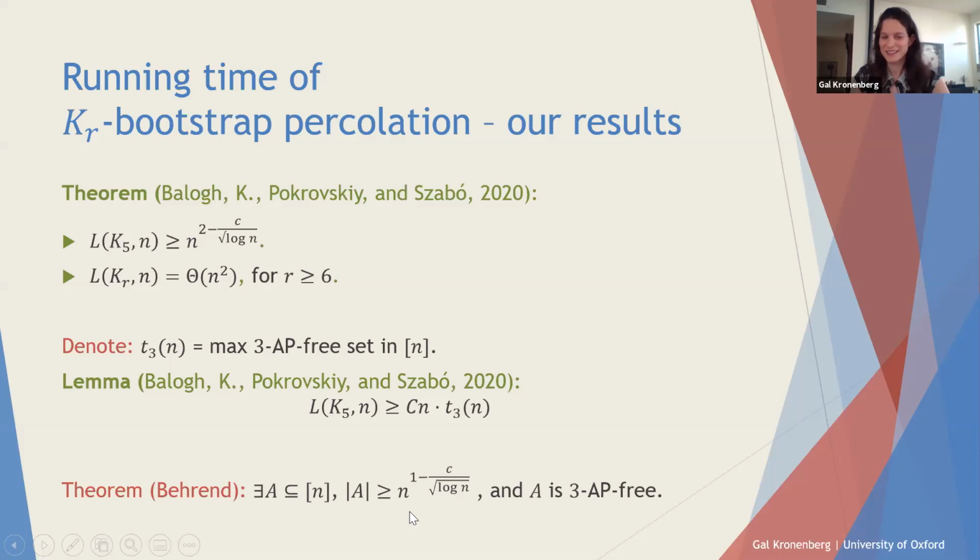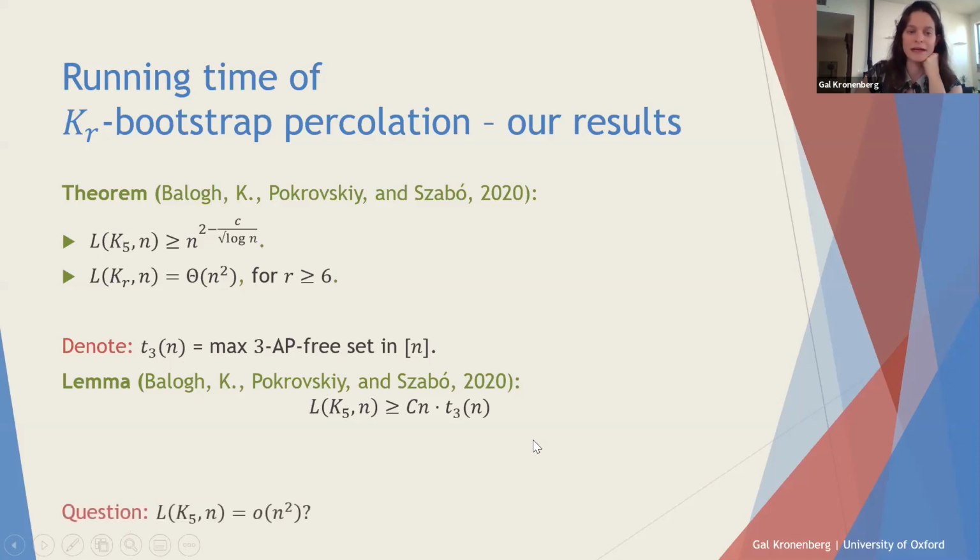And if someone was hoping that maybe we can find a better 3-term arithmetic progression free set, maybe better than this, of course we cannot achieve a quadratic bound using this method, because it is known, and we have many results by now, the first I think was Roth's, that the maximum possible such set is sublinear. Okay, so using this method will not give us a quadratic bound for the K5 percolation.